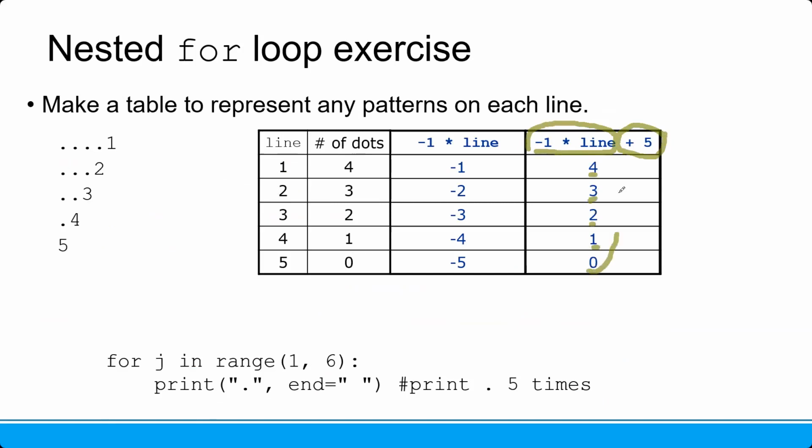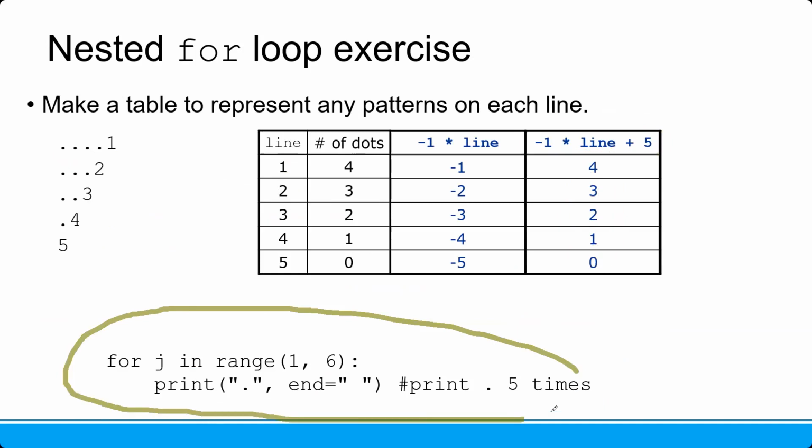If I know this number, then I do not need to print the numbers. I need to print only the dot. So, if I want to print the dot, I can use this one.